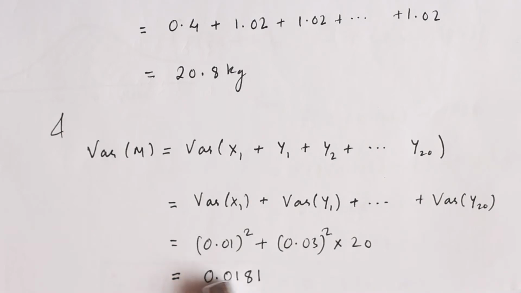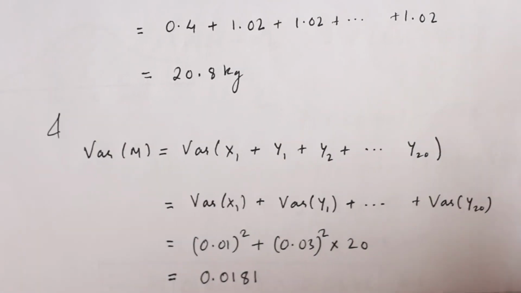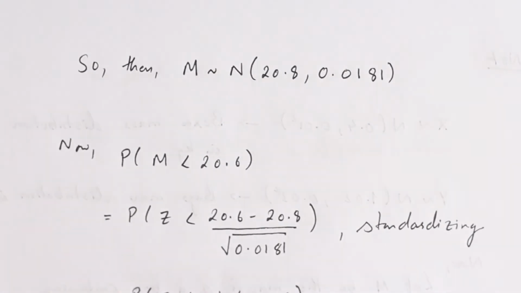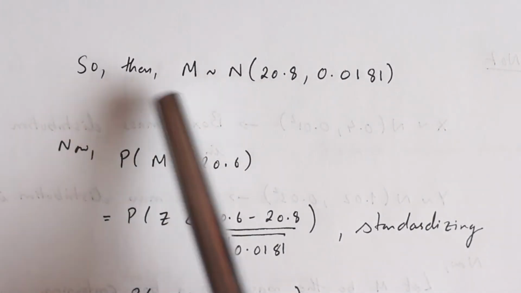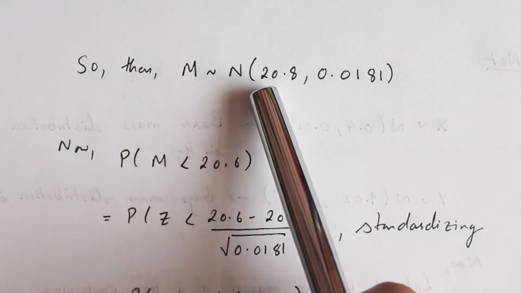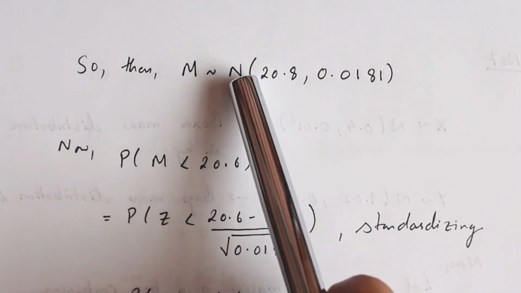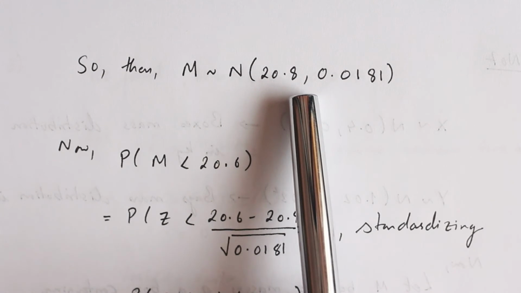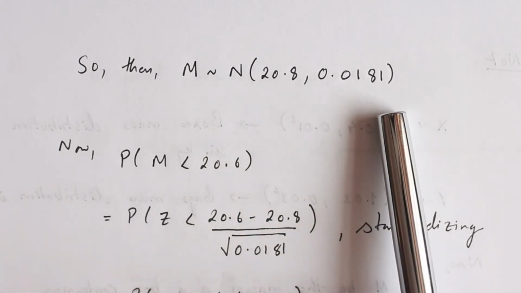So this is the variance then, 0.0181. So then we have M normally distributed with mean 20.8 and a variance of 0.0181.